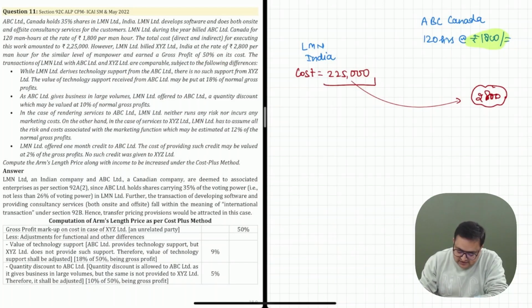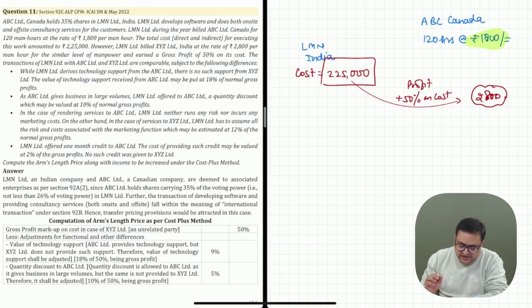So this plus 50%, this is the correct one. 50% is the profit percentage on cost. Understood? Got it? Now, okay. So this is actually the correct price.